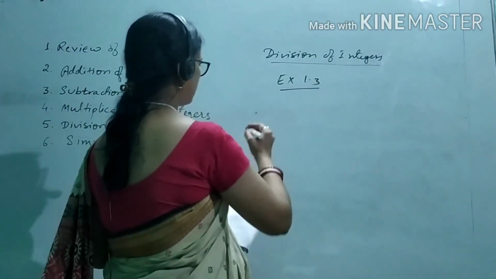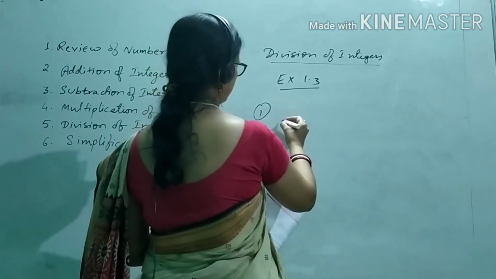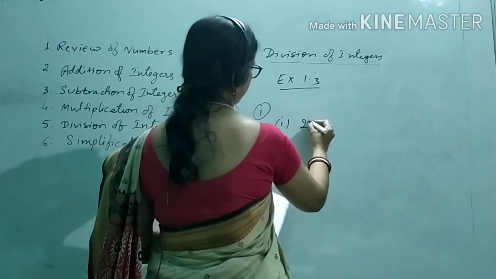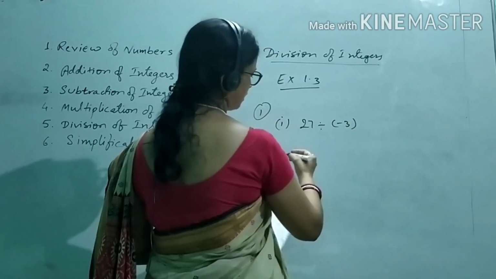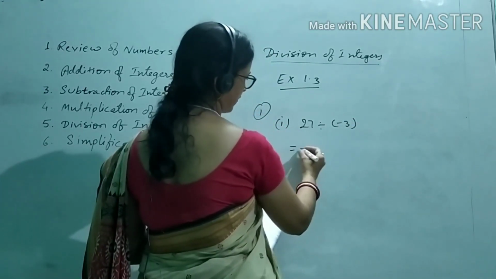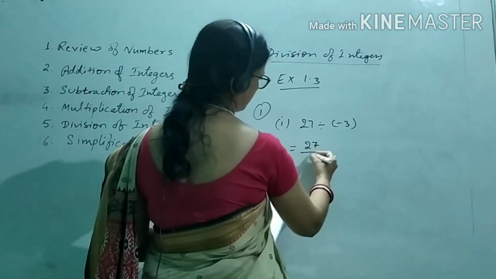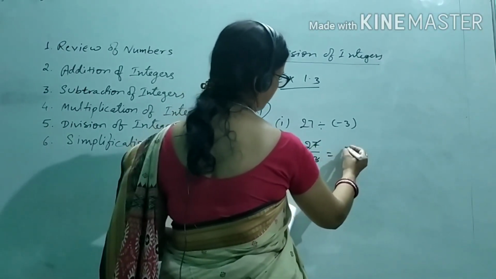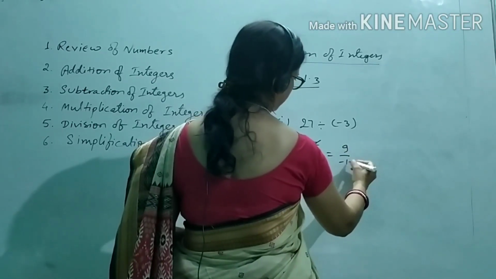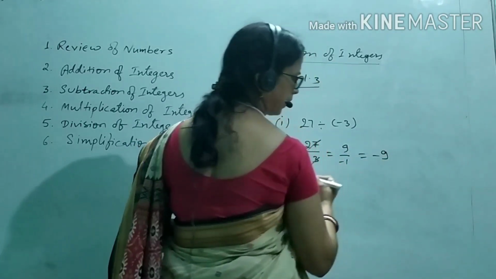Look at question number 1. First question: 27 divided by -3. Children, we can also write it as 27 by -3. You can reduce these two. You will get 9 by -1 and the answer will be -9.